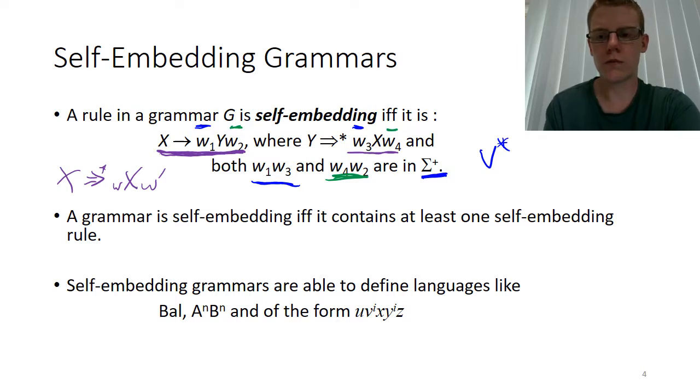Just like with the recursive rules, a grammar is self-embedding if it contains at least one self-embedding rule, and a grammar which has no self-embedding rules obviously isn't self-embedding.